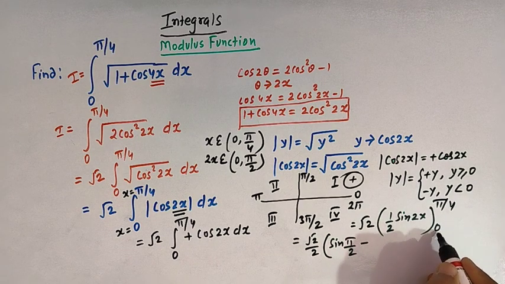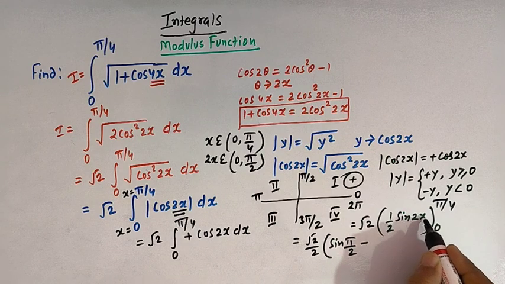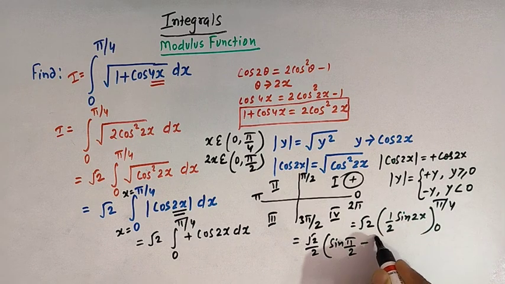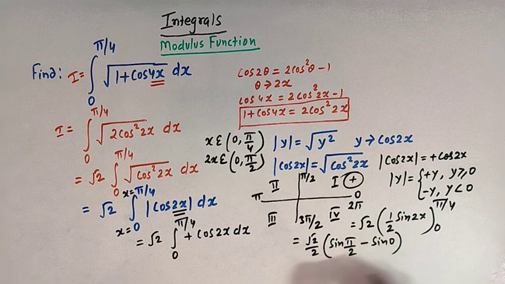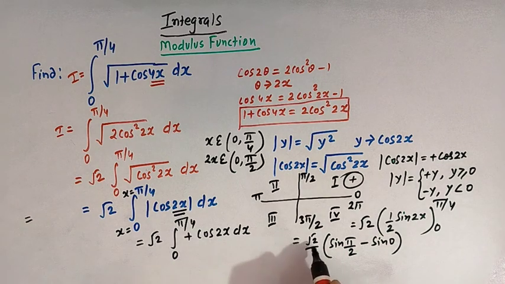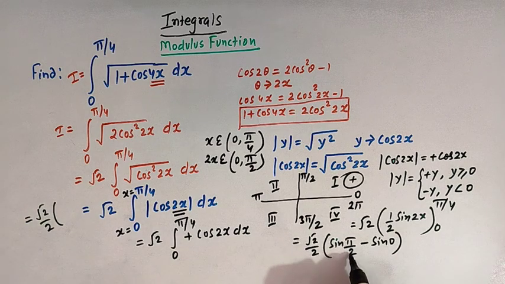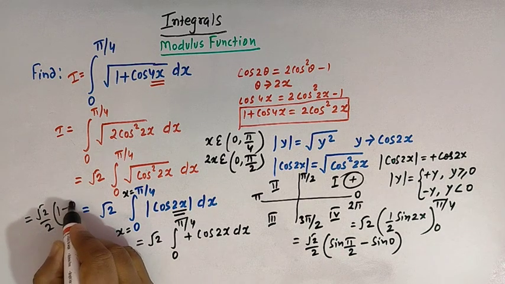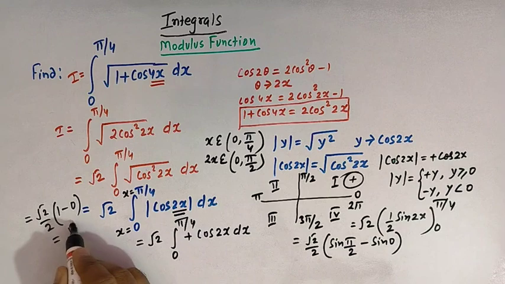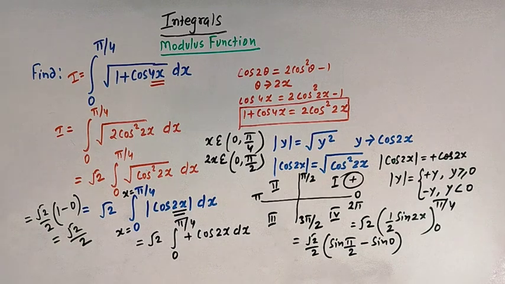And when we take x is equal to 0, then 2 times 0 is 0, so we have sine of 0. So now we have square root of 2 over 2, and sine pi by 2 is 1 minus 0, so we have root 2 over 2.